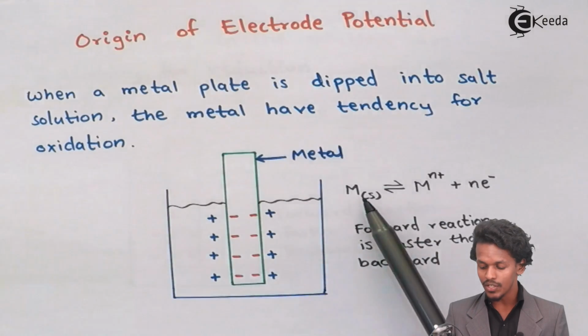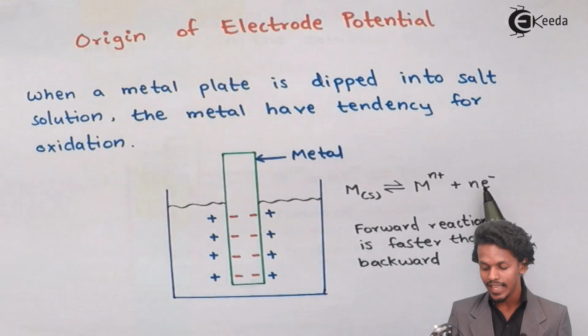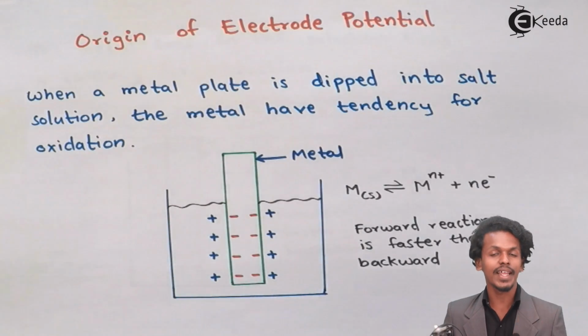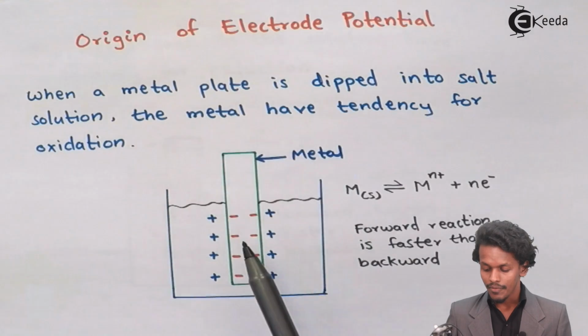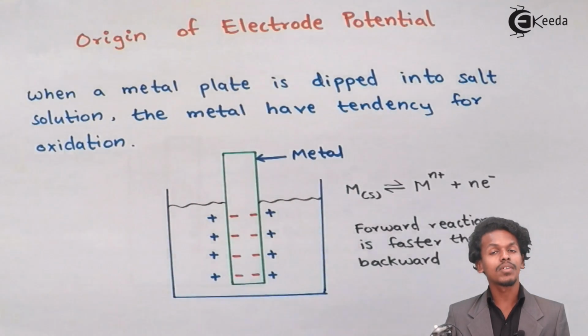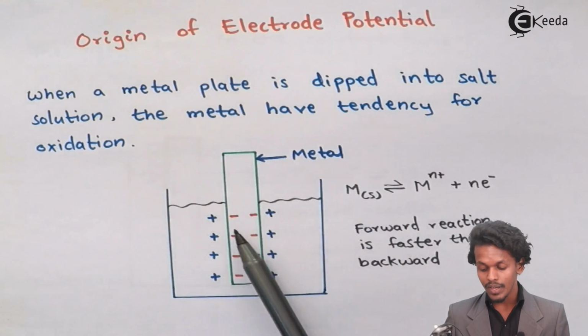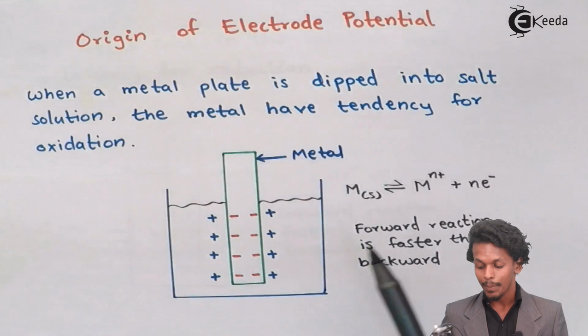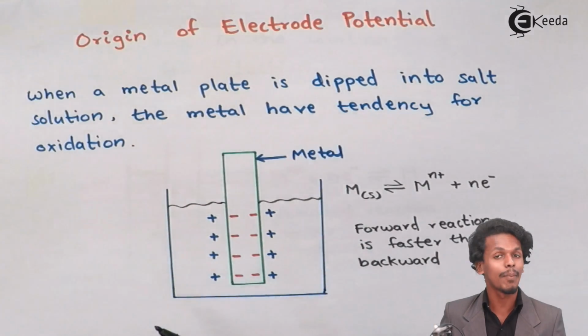The metal will convert into Mn plus plus n electrons, it will donate n number of electrons. Whenever the metal oxidizes, it converts into its ionic form, so the ions will be dissolved in the solution itself, but the electrons are left on the metal itself.